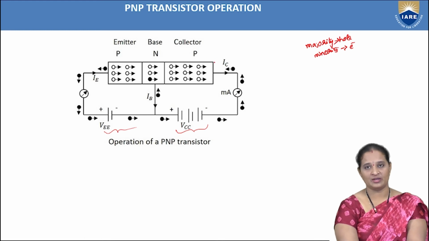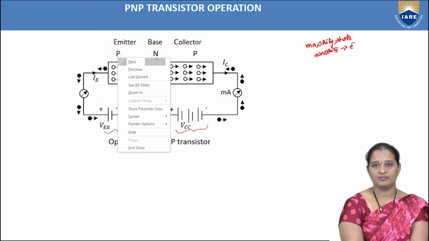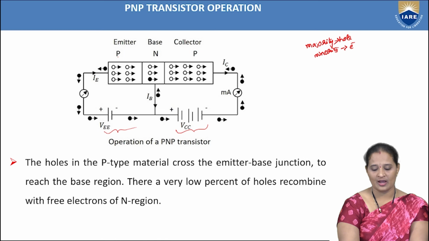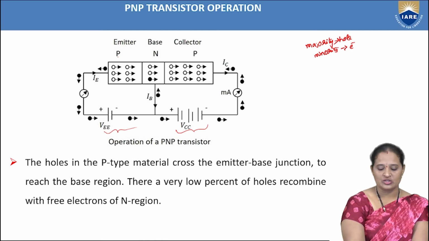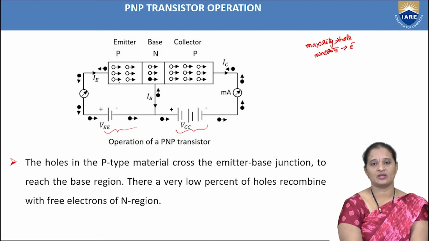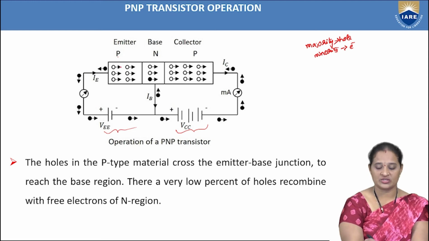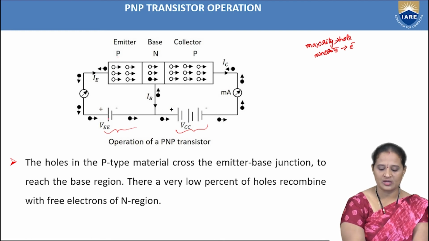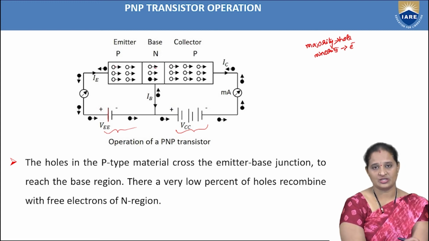As it is a PNP transistor, the emitter is p-type, the base is n-type and the collector is also p-type. What are the majority charge carriers of p-type semiconducting material? Holes. Holes are positively charged, so they are repelled by the positive terminal of the battery and will be moving towards the n-type base region.